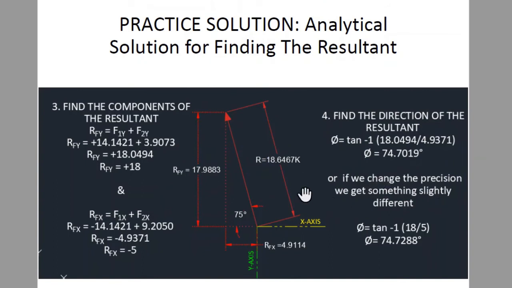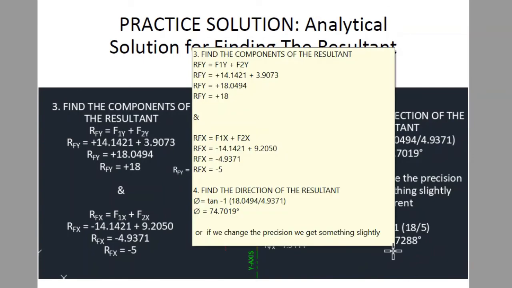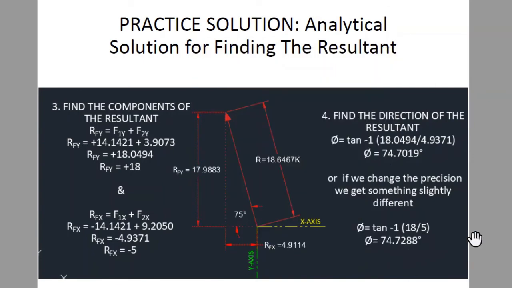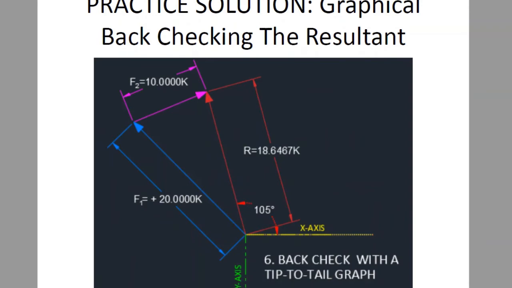Also, be sure to notice that if we change the precision, we get something slightly different. For example, the inverse tangent of 18 over 5 versus 18.0494 over 4.9371 gives a different angle theta. The reason I point that out is because AutoCAD is very precise.